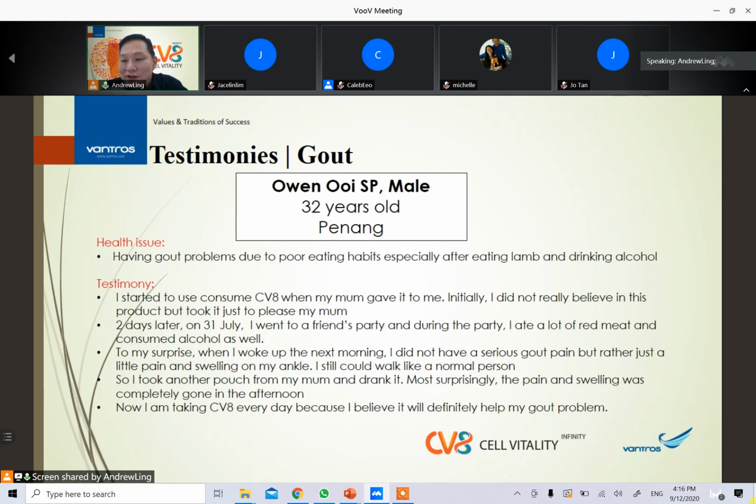During the party, he took in a lot of red meat and also consumed alcohol. Usually if he does that, the next morning he will definitely wake up with gout pain, and the pain is usually so severe that he couldn't walk.